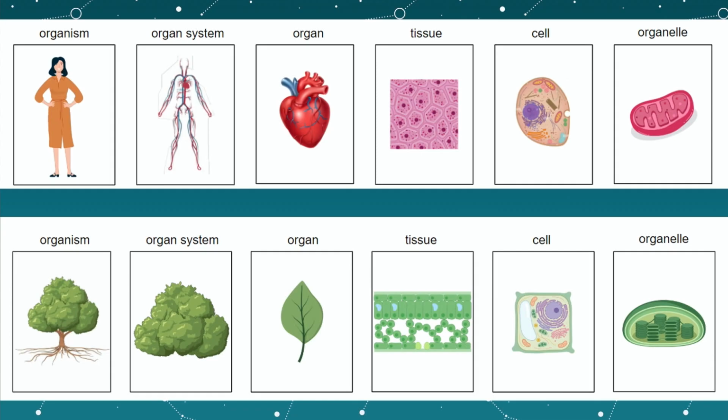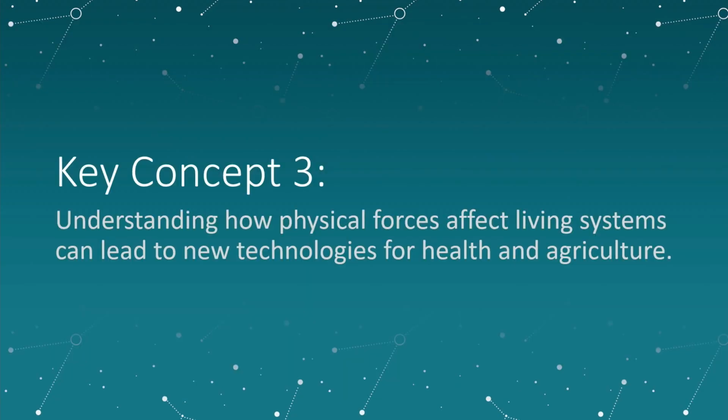And just like we think about that in humans and other animals, mechanobiologists also think about that for plants. But things really get exciting, as I was starting to talk about, when we start thinking about how we can use this science for new technologies in health and agriculture.